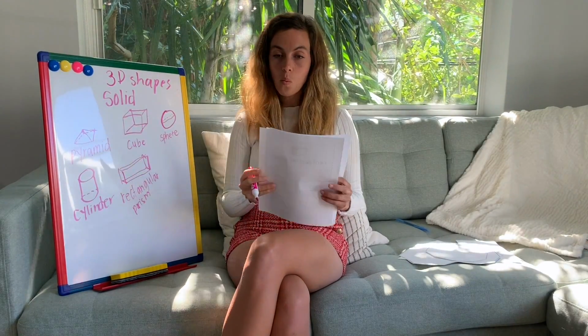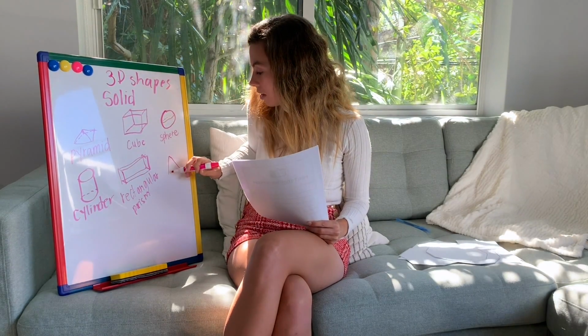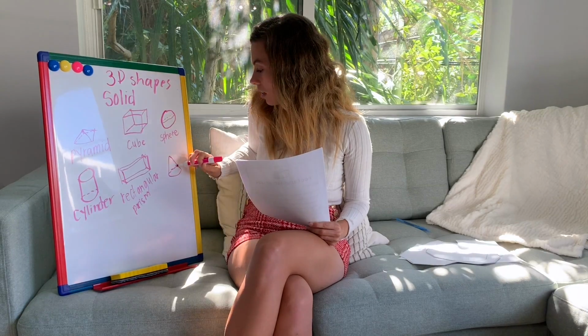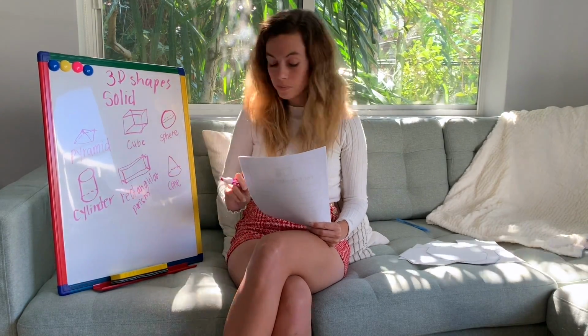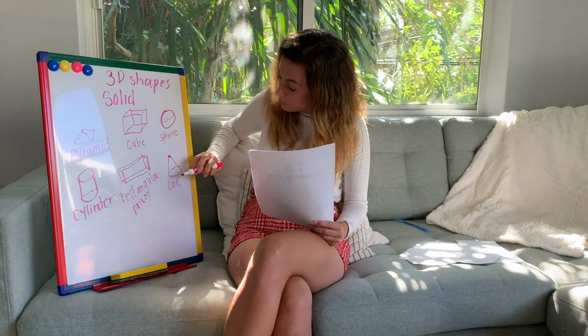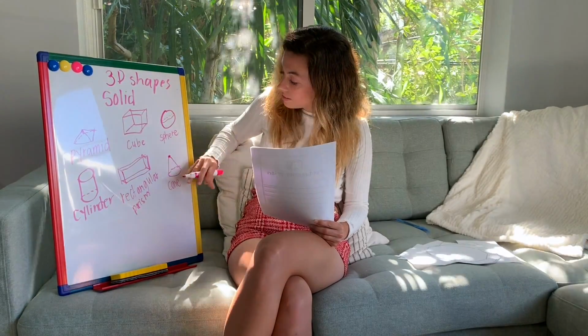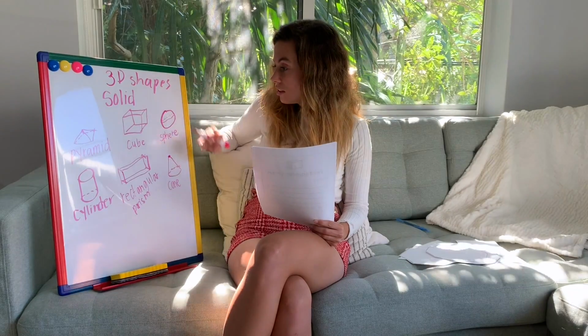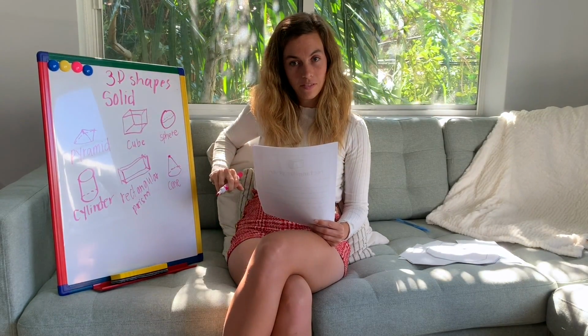Okay, we have one more shape today that we're going to talk about. This shape is called a cone. A cone has one vertex. It has a circle base, and it does not have any edges or sides. Have you ever seen a cone in real life?